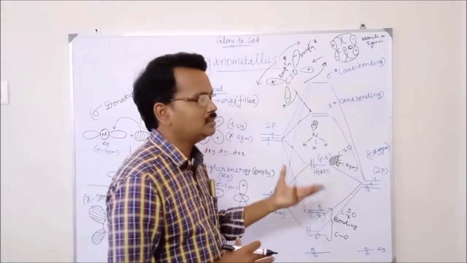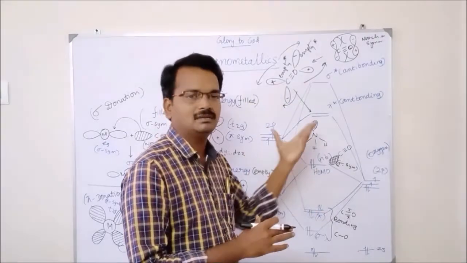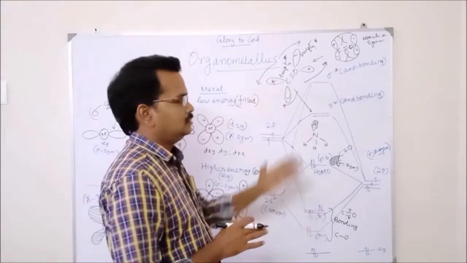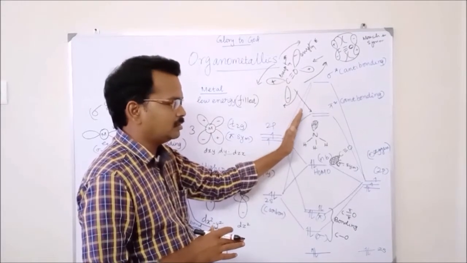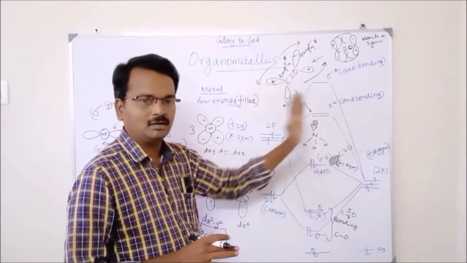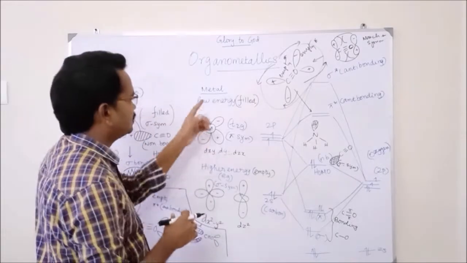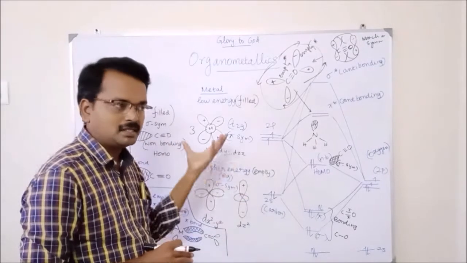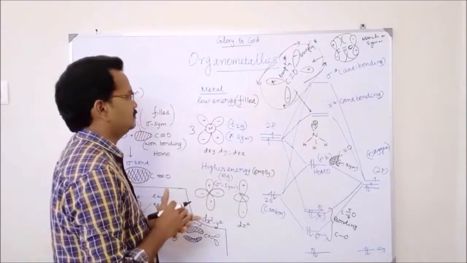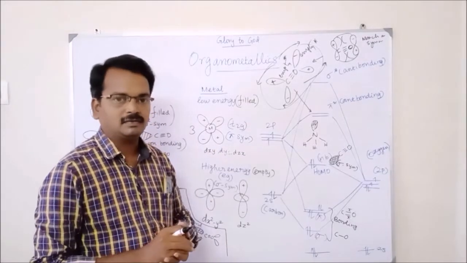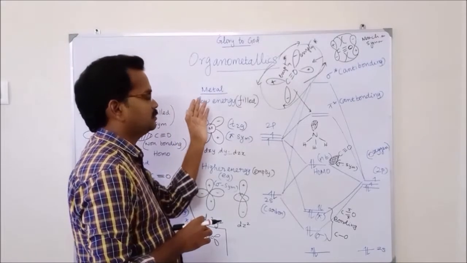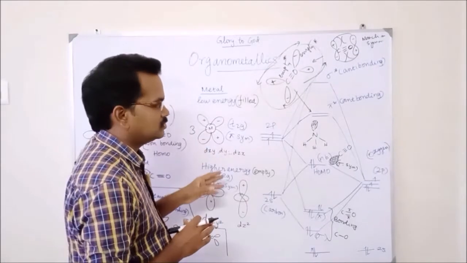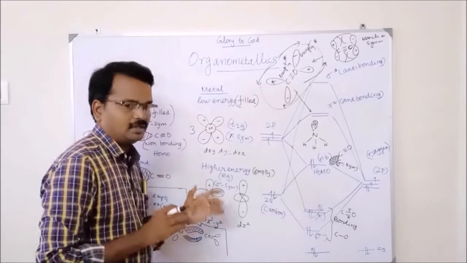So what is the application of these maximally repelled orbitals? Let us stop this molecular orbital diagram of the carbonyl group, and come to the orbitals of the metal, especially the d orbitals. We know that there are 5 d orbitals for every atom. In the metal also we have 5 d orbitals.